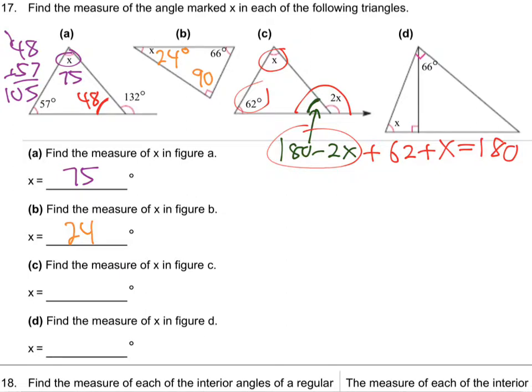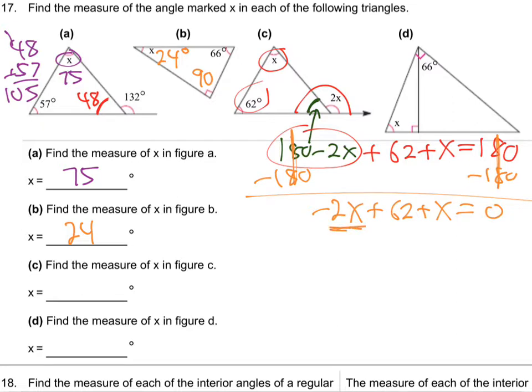Let's do it. So first, what should we do here? I'm going to subtract the 180 from both sides. And it's just gone. So this would be minus 2x plus 62 plus x is 0. Minus 2x plus 1x is minus 1x.